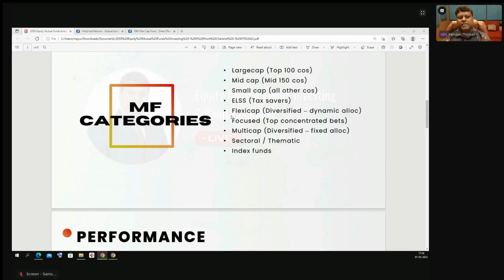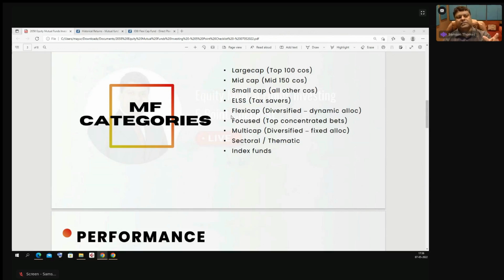That means the fund is investing in the top 100 companies of India as defined by market capitalization. The Nifty 50 is the top 50 companies, and the BSE Sensex is the top 30 companies of India based on market capitalization.